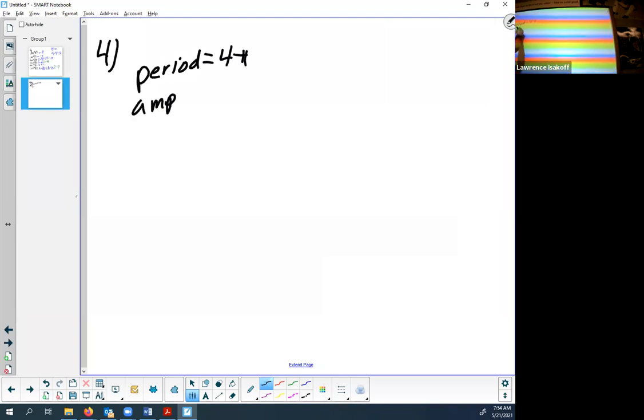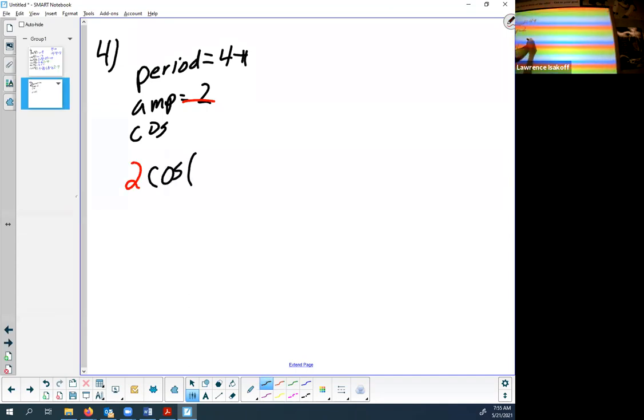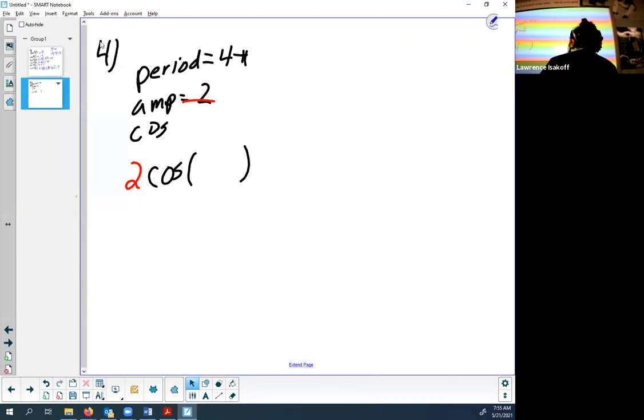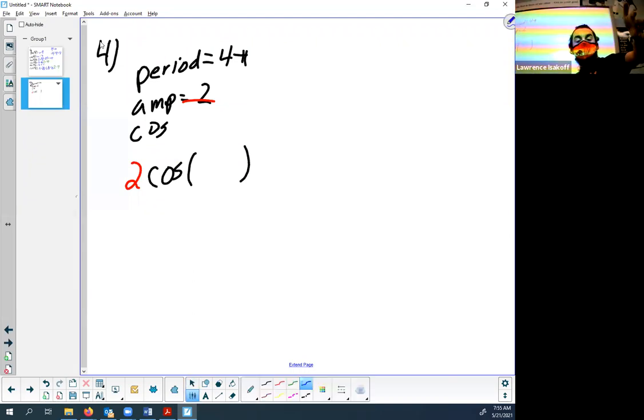The amplitude equals 2. And it's a cosine. So again, that's just 2 times the cosine of. Now I need to figure out what that b value is. I'm going to work that the period's equal to 2 pi divided by b.